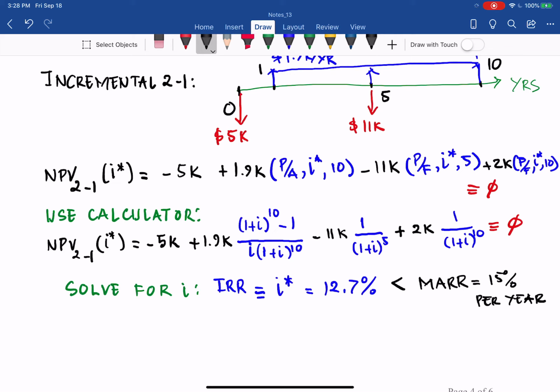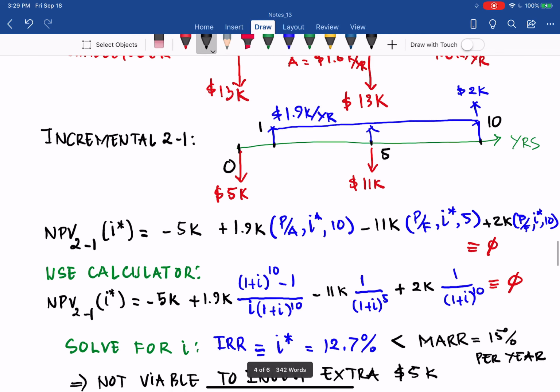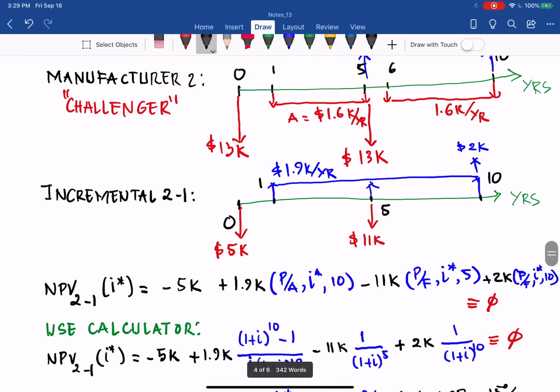Okay, so what does that mean? If it requires more money and is not viable, then you choose the one with less money, because it's not viable to put in more money. It means it is not viable to invest an extra 5,000 to go from 8,000 to 13,000.